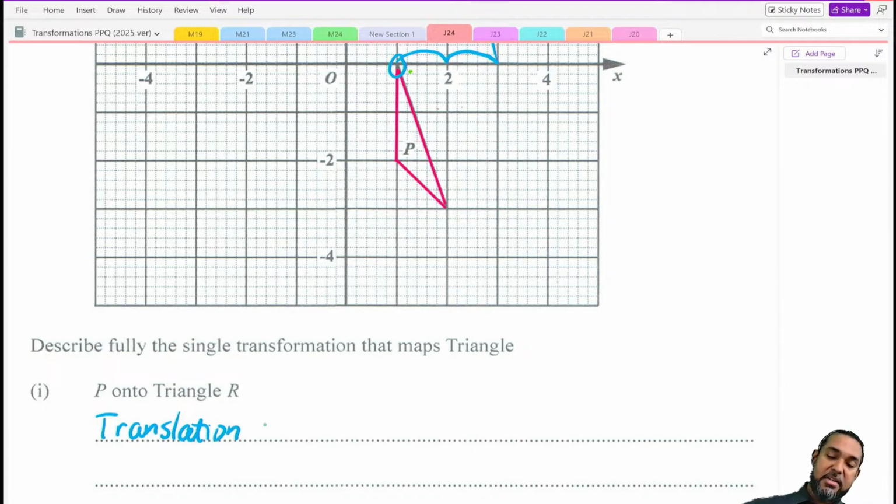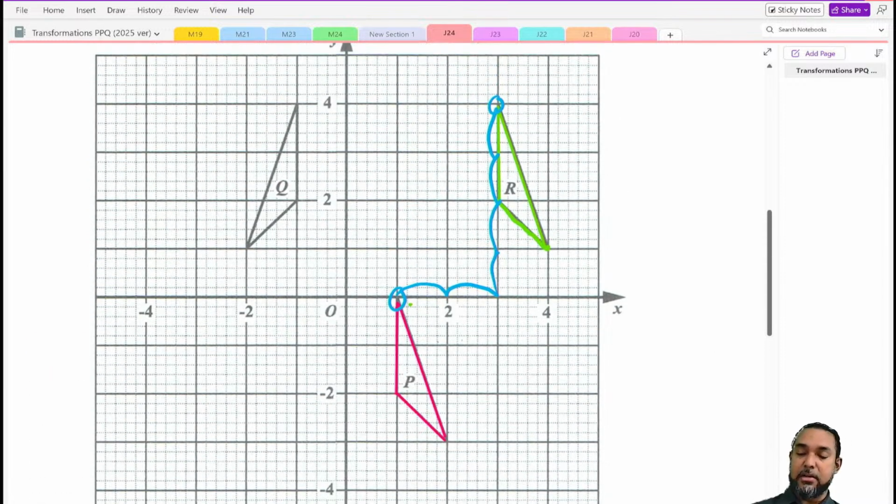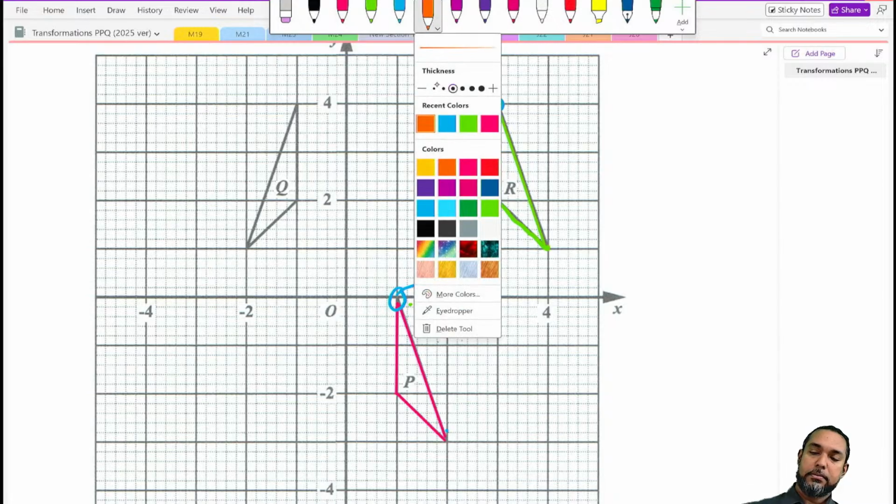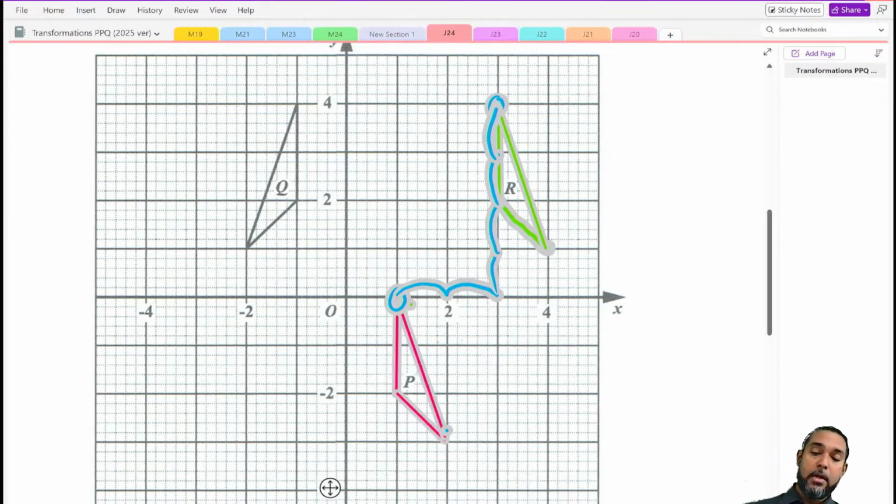But you can't just say it's a translation. You have to give the translation vector. What is a vector for a translation? It's how many spaces horizontally and then vertically you have to shift. How do we assess that? Well, we look at what we call corresponding vertices. So for example, if you look at the bottom right vertex down here, it corresponds to this one, not so?